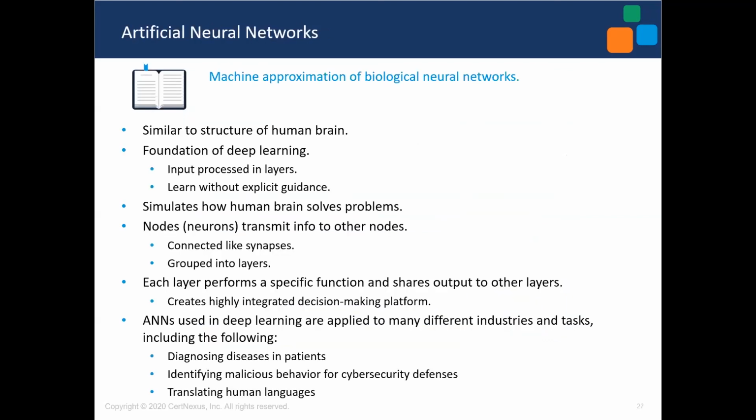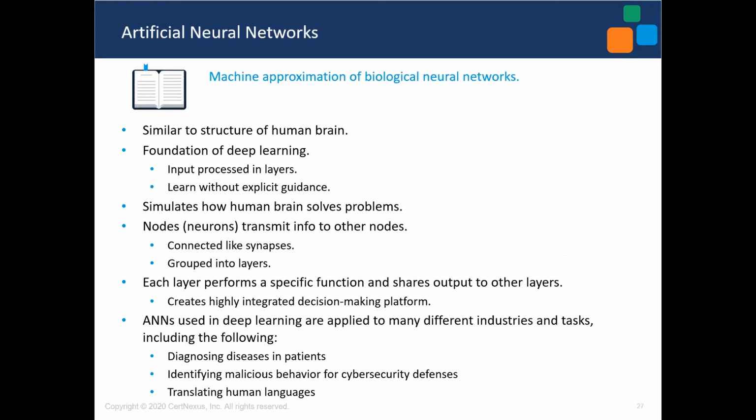An artificial neural network is somewhat of a misnomer because we talk about intelligence, but computers really don't have intelligence today. We talk about these neural networks because they're fashioned after the brain, in the fact that we use neurons.